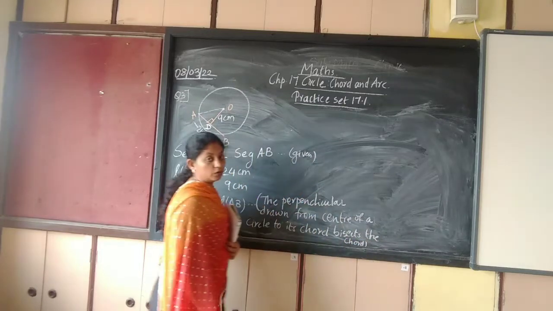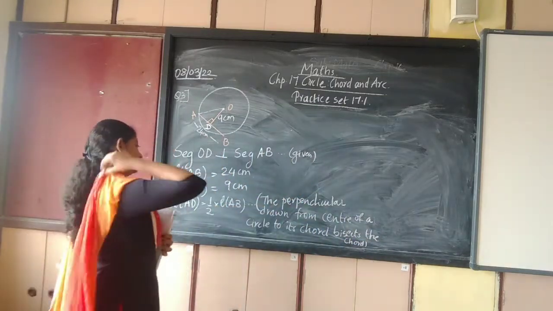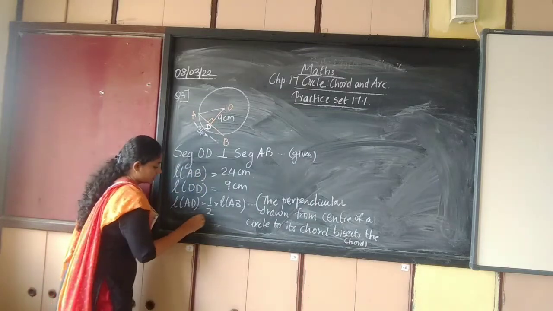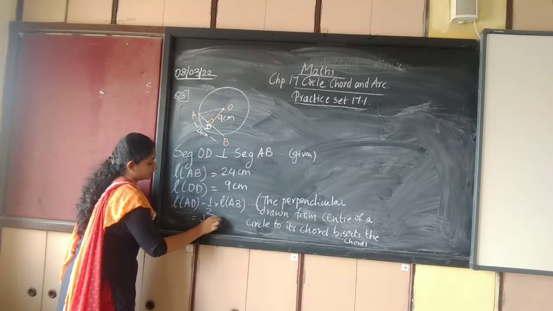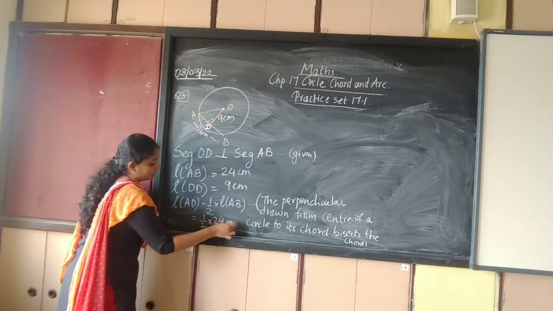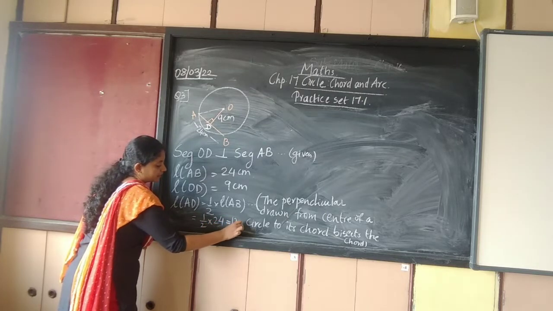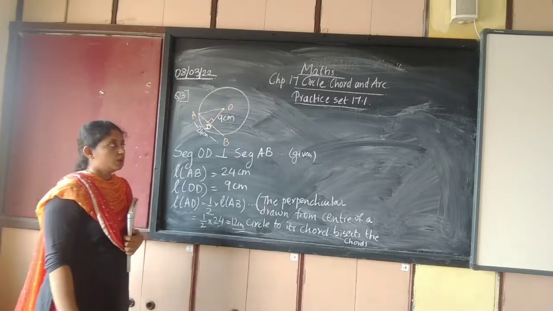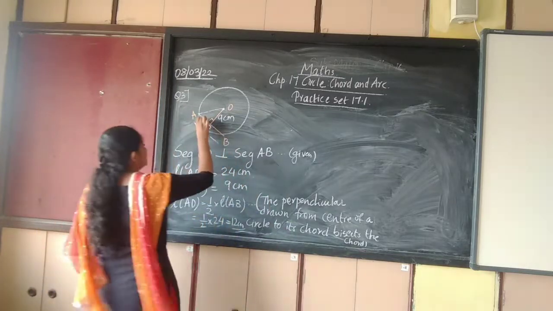So we can find out what AD is, that is half into 24. So that is equal to 12 centimeter. We got this as 12 centimeter.